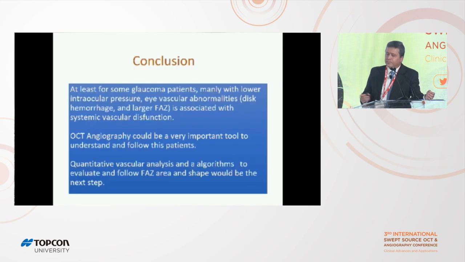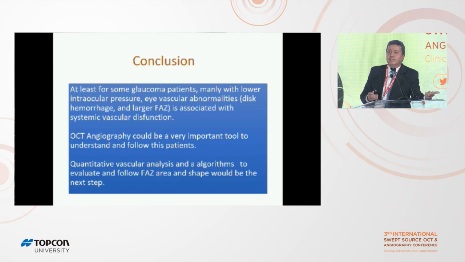So at least for some patients, mainly with lower intraocular pressure, high vascular abnormality like disc hemorrhage and large foveal avascular zone is associated with systemic vascular dysfunction. We don't know how to treat this patient. We just lower the intraocular pressure.